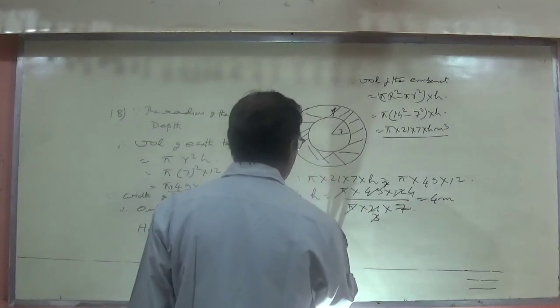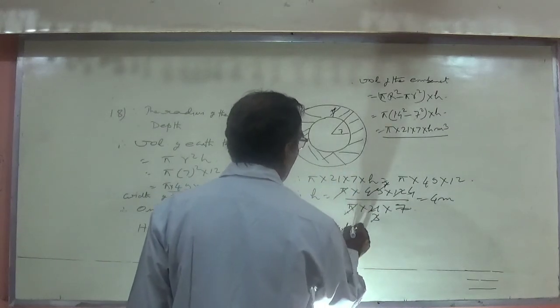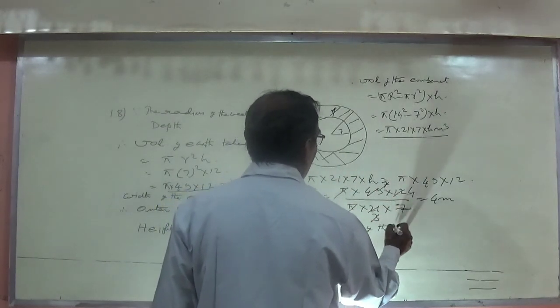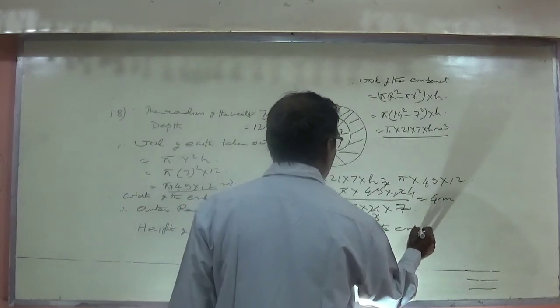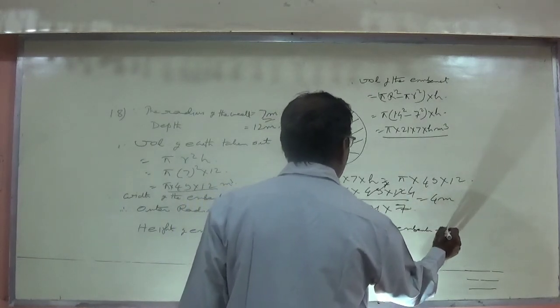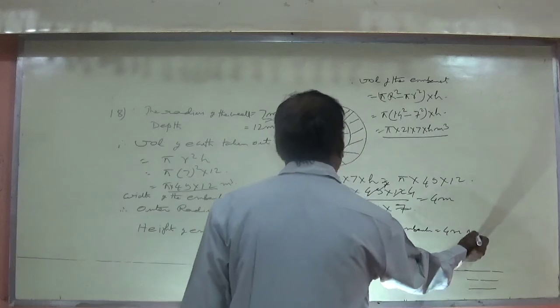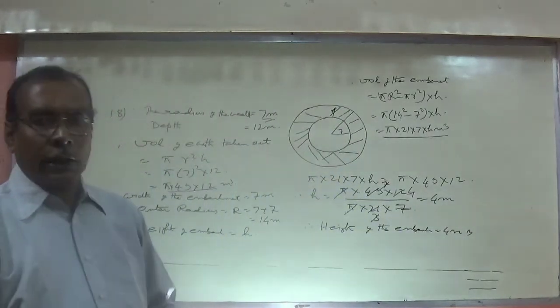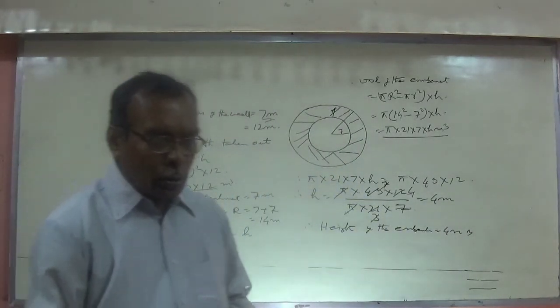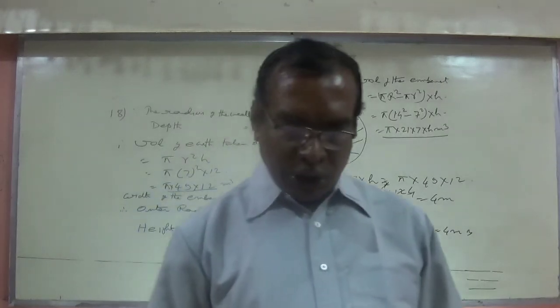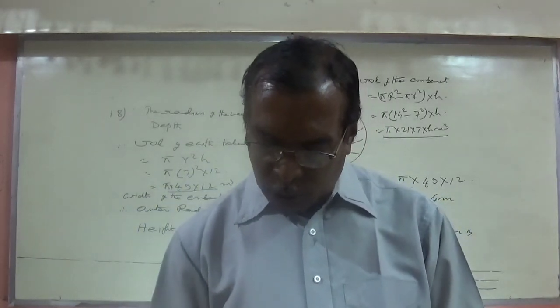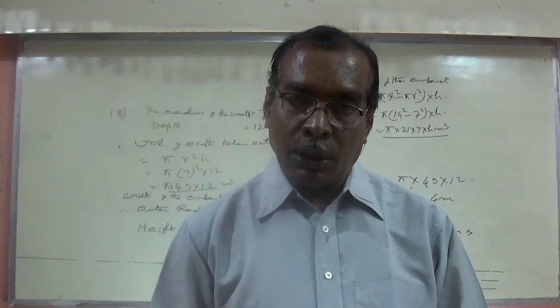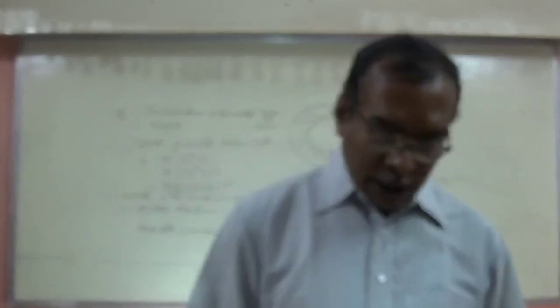Therefore, the height of the embankment is equal to 4 meter, that will be the answer. I think it is clear. So, that much is sufficient. Next day, I will solve a few more questions and then the exercise will be covered. So, more or less it has been finished.